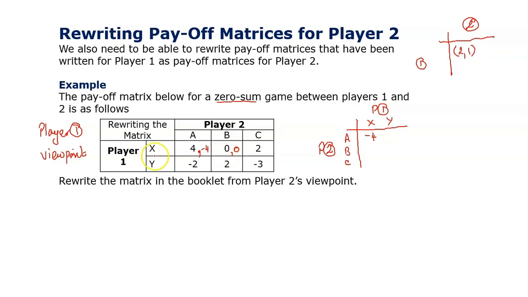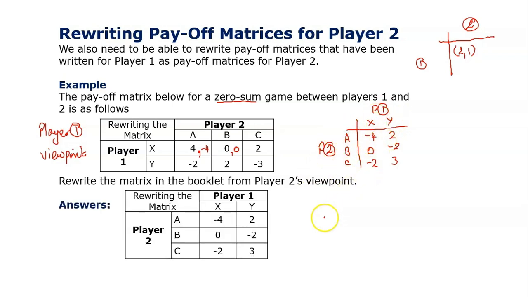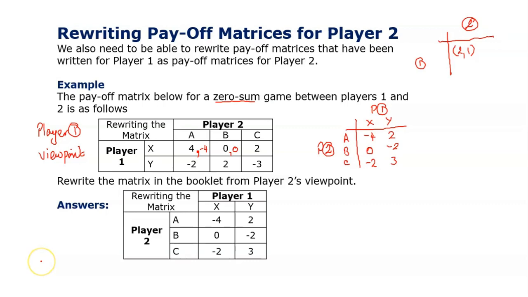But I think that XB now goes there. That's a 0. And that 2 there, the XC, it says 2, so therefore it's minus 2. And these just go 2, minus 2, and 3. They just change signs. So just be aware that if we're going to do player 2's viewpoint, it's probably best to switch them round in terms of which one's going down, which one's going across. Let's see. Yeah, that does all look fine.